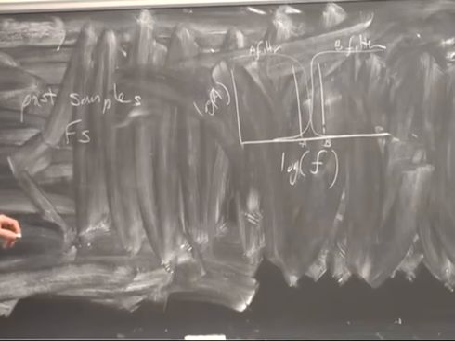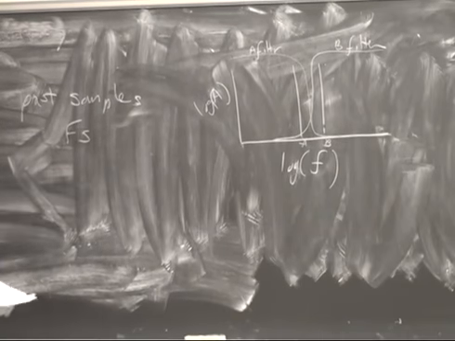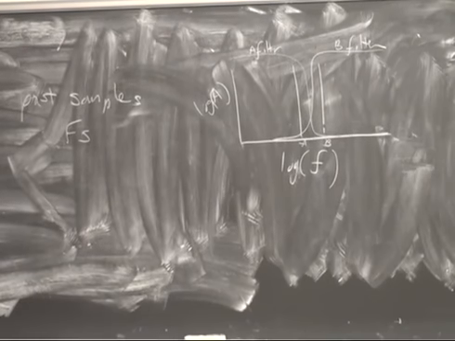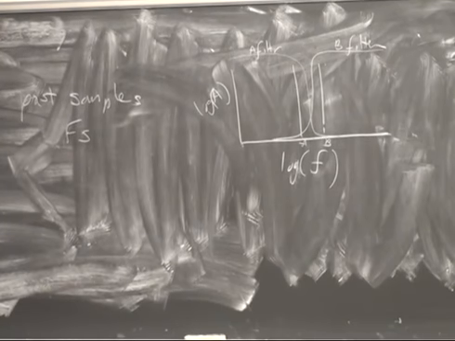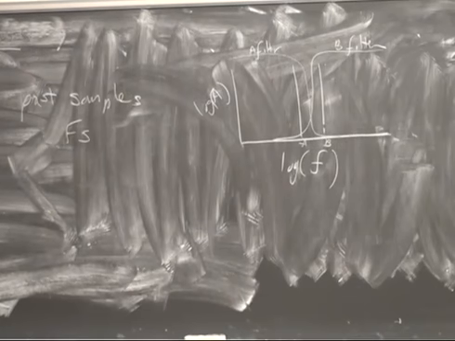Another possible use might be to discriminate a signal. Now I'm going to draw a power spectrum. There's a power spectrum of a signal. Let's say we have a signal with a fairly sharp set of peaks in it, and then a fairly high background of noise at high frequencies.